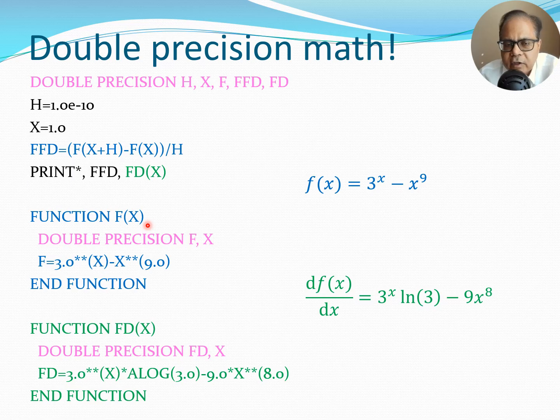For example, here we are using f and x. These are defined here as double precision, and here we are using fd and x, and these are again defined as double precision here. So I have just put the double precision values in pink to make it clear that these definitions are required to get that 16 decimal place calculation level.